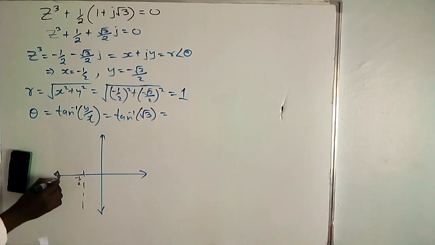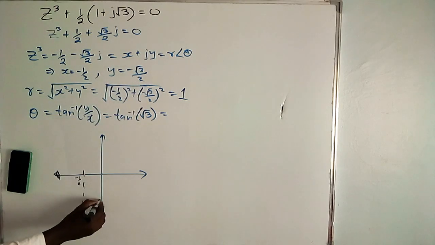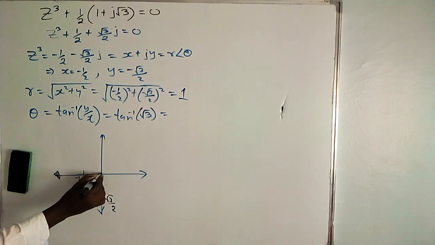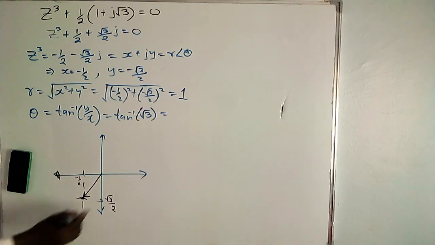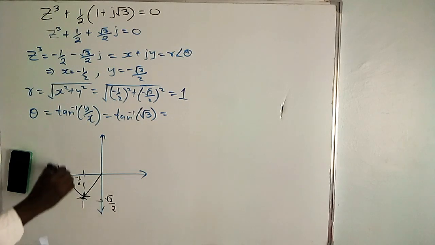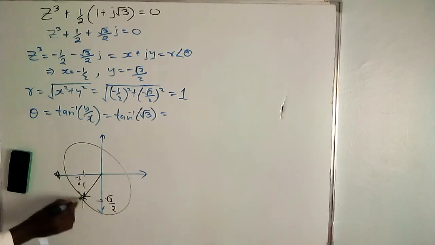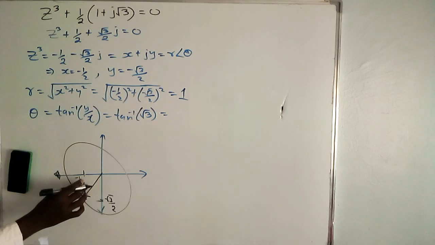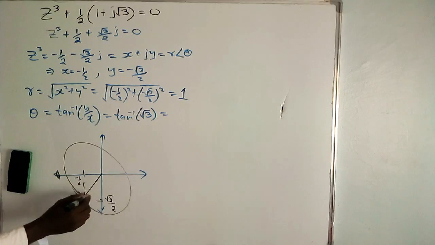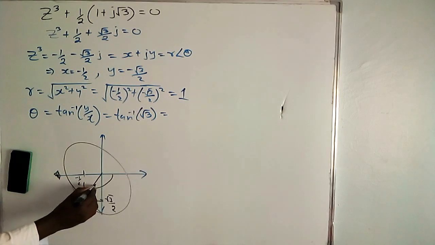Then y again is also negative, that is the negative side of the imaginary axis, isn't it? So you can see x is negative, y is negative, meaning that complex vector is in the third quadrant.